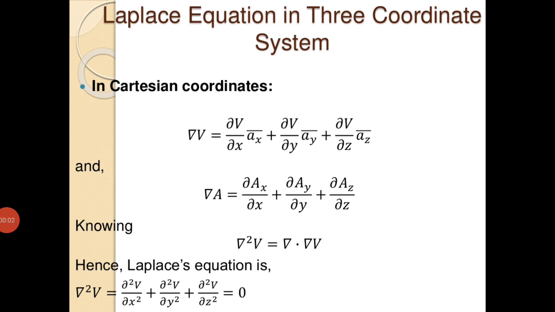Hello students, in the last section we discussed Poisson's equation and the Laplace equation, and also saw how to derive them. Poisson's and Laplace equations are meant for solving boundary value problems, because we know the potentials and voltages only at the boundaries.